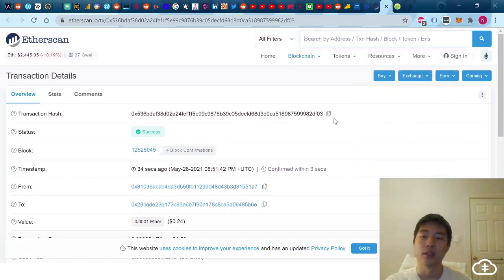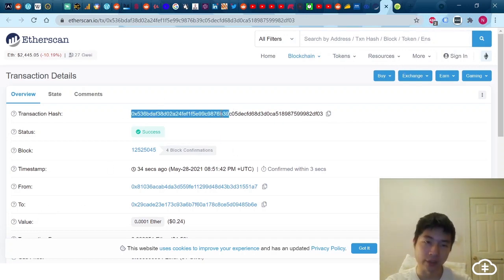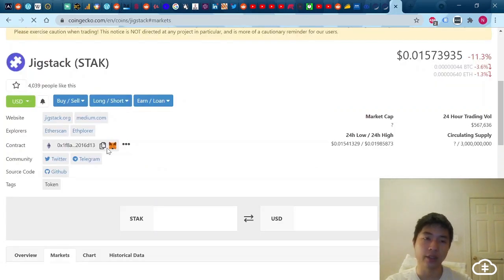If you remember, go back to your MetaMask. Your wallets have a label, your transactions have a label, and the things you're trading also have a label. See, it also starts with 0x. Again, that's how you know you're dealing with Ethereum. The 0x is the key.